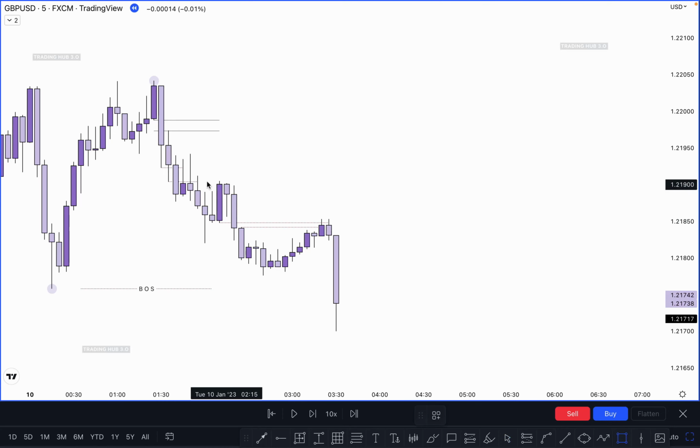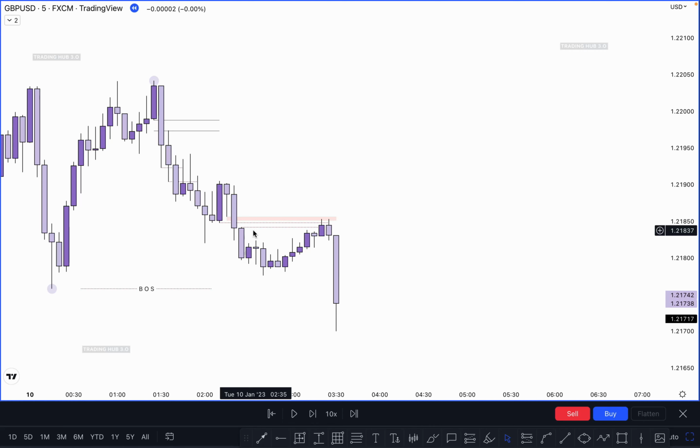Some people mark this one as an imbalance, but it is not an imbalance, because the actual last buying candle before this sell is here, this dark candle. So you have to mark this candle, not this one. These are inside bar candlesticks, so you have to only focus on this actual candle, like this. So there are only two imbalances in this leg.